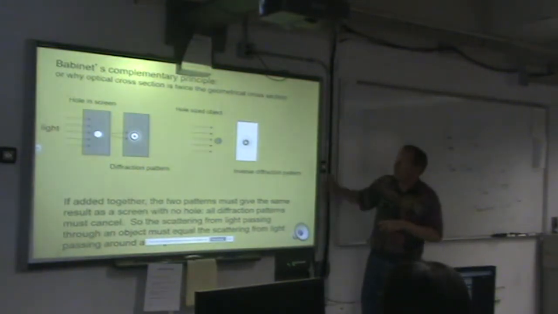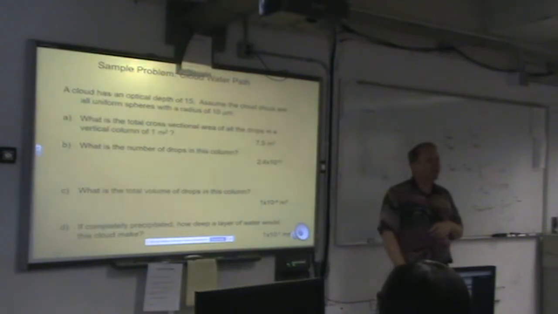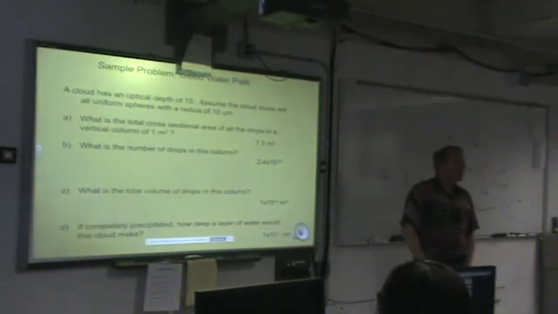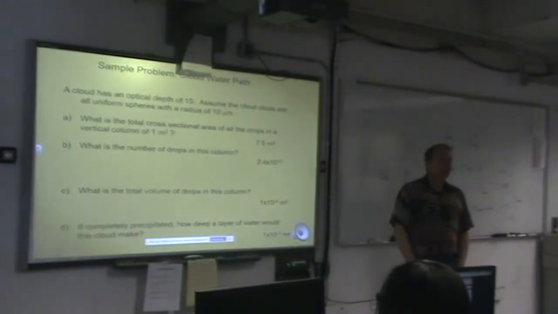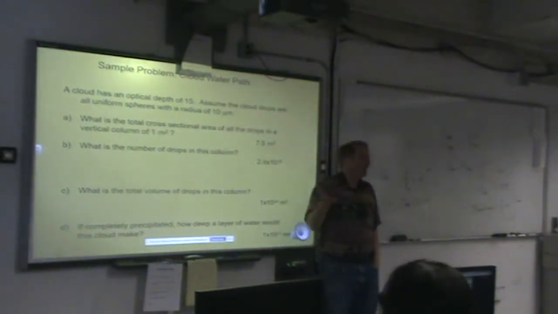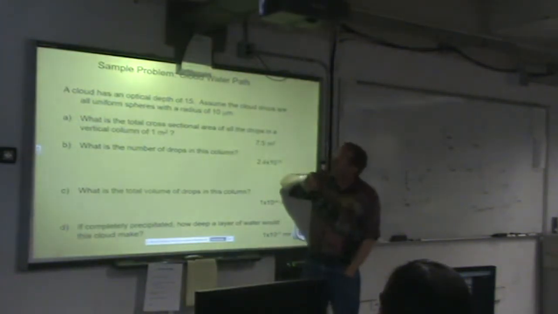So, let's do a calculation on this. We are going to calculate the amount of water in the clouds based on the optical depth of the clouds. Okay? And we're going to be assuming spherical radius of 10 microns. Remember, remote sensing, we always have to make some assumptions here. So that assumption we're going to make.